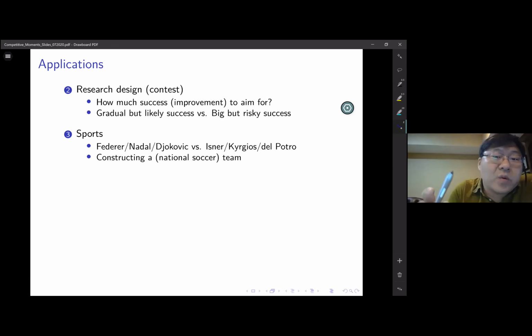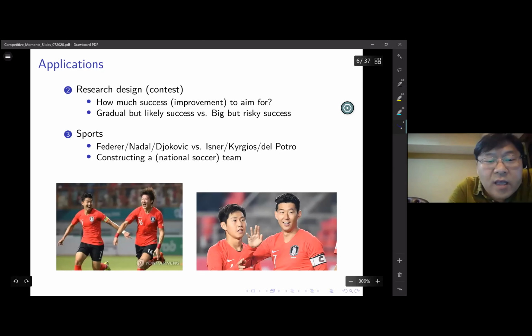So here's another example. Suppose that you are going to become the coach of the national soccer team for your country, and now you have a bunch of players, and they have different talents. So now you need to construct your own team. If you are South Korean, now you know that you need to include this guy, Kyungmin Song, no matter what, because he's just absolutely the best player.